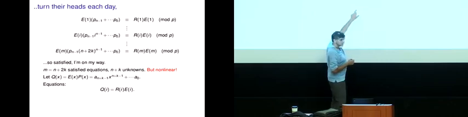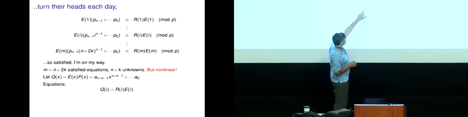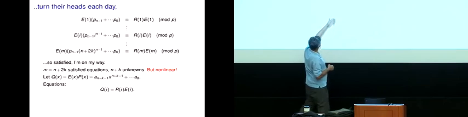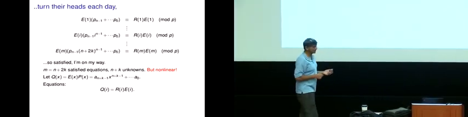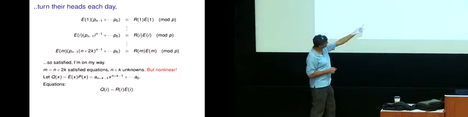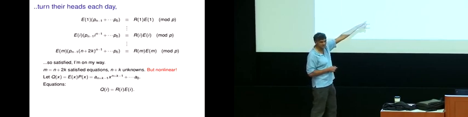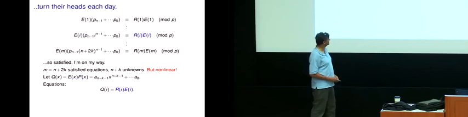What about this? How many unknowns are in the specification of Q of X? N plus K. It would be N plus K minus 1, but you also have a0. So N plus K. This is the left-hand side.